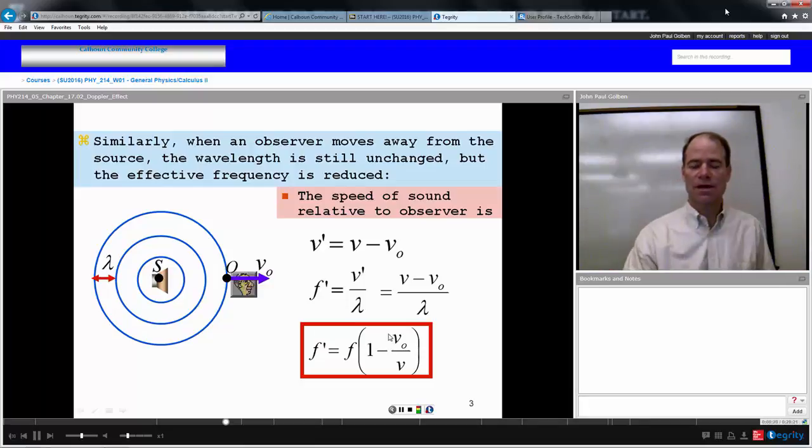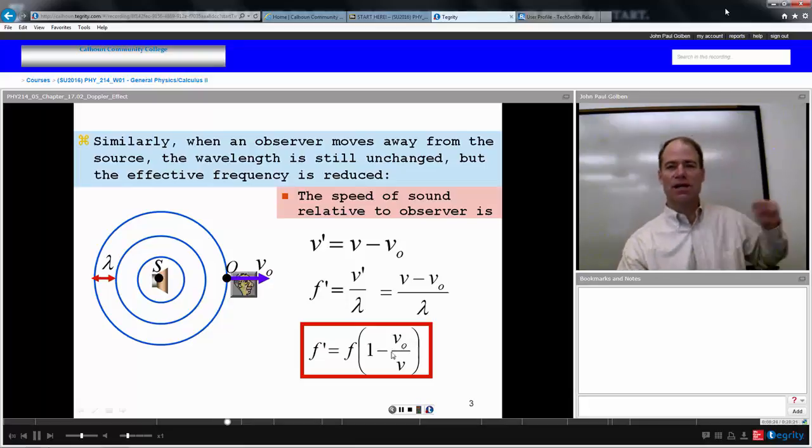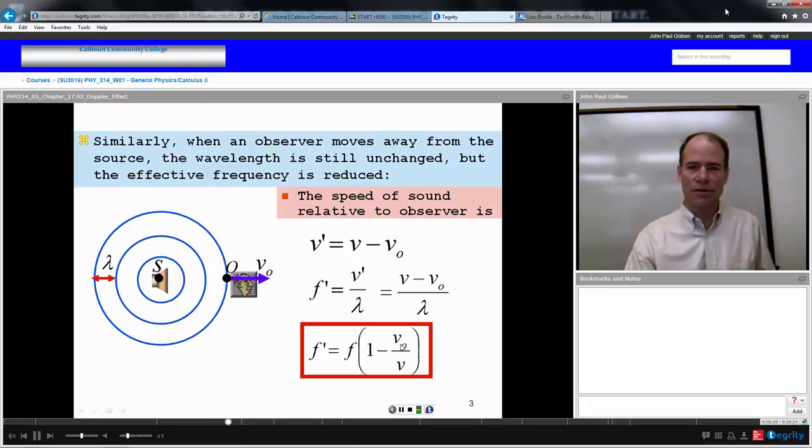But if I were moving away, say at 60 miles per hour, about 34 meters per second, then this fraction is going to be on the order of 1/10, and then 1 minus 1/10 will give me about 0.9. So in other words, I will reduce my observed frequency by 10% from the actual frequency put out by the source.